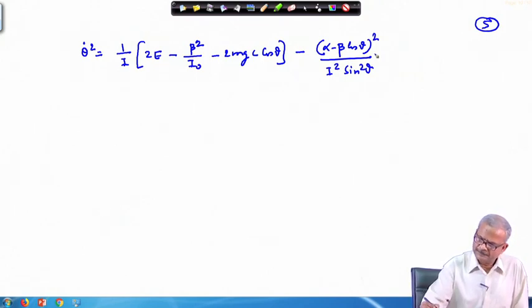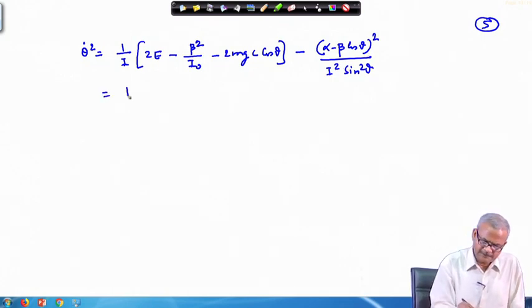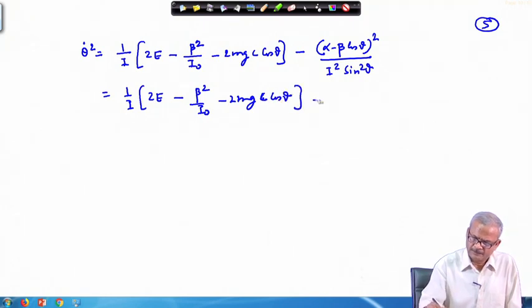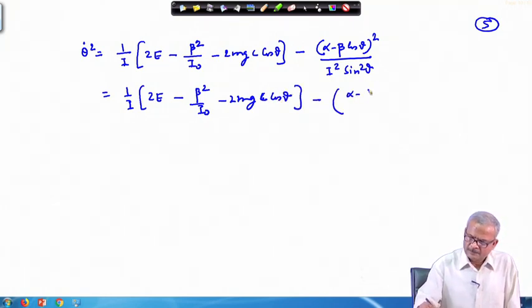That means this can be written together as 1 by I times 2 e minus beta square by I 0 minus 2 m g times c cos theta, minus alpha minus beta cos theta divided by I sin theta whole square.